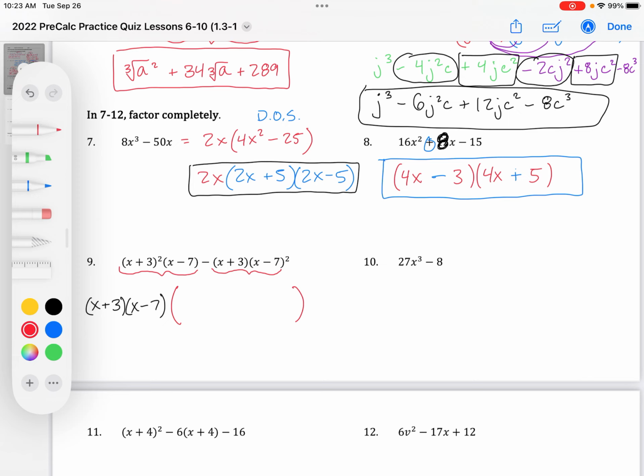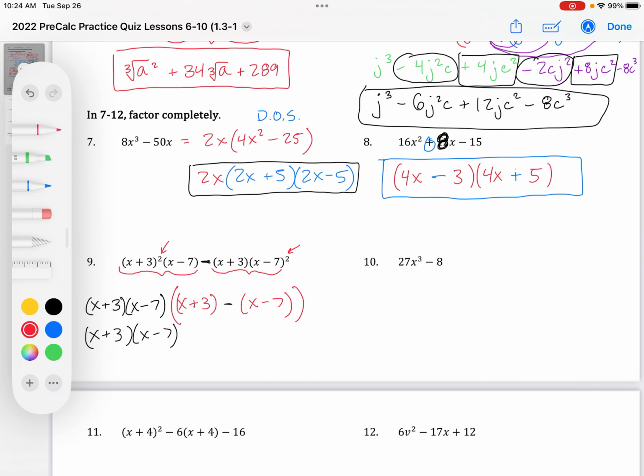So in the first family, I'm still left with a single x plus 3 because I've got 2 of them. And then we bring down that minus sign. In the second family, I still have an x minus 7 because, again, there are 2 of them. So now in the front, I still have x plus 3 and x minus 7.